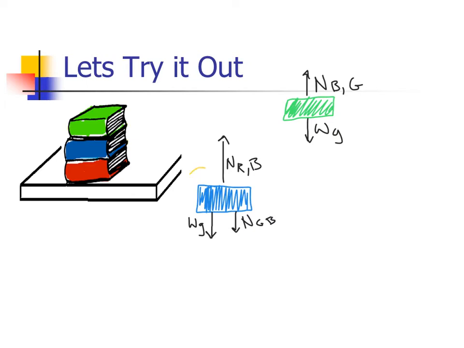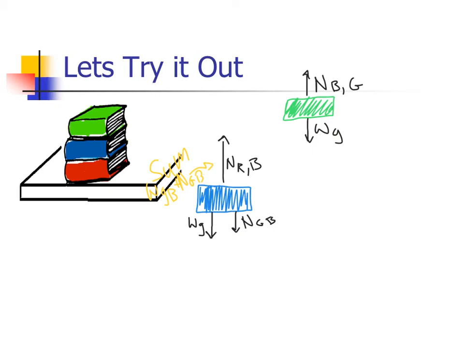So again, this arrow here should be the sum of the weight of gravity, which should even be on blue, plus the normal force of the green book on the blue book, but in the opposite direction. That's where you would have that, because there's no movement.